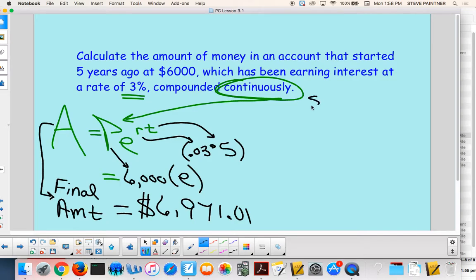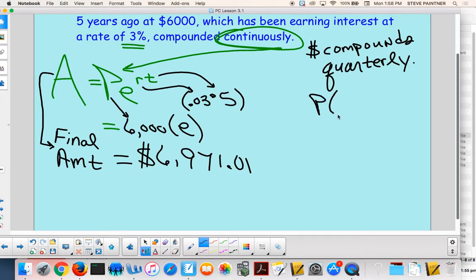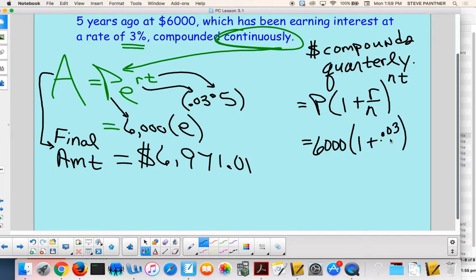Last one, and this is it. What if your money compounds, which means you're getting paid this many times? How many times did you get paid? 4. Now you've got to go with this formula right here: A equals P times 1 plus R over N, to the NT. So let's stick some numbers in. What are we putting below the 0.03? 4.